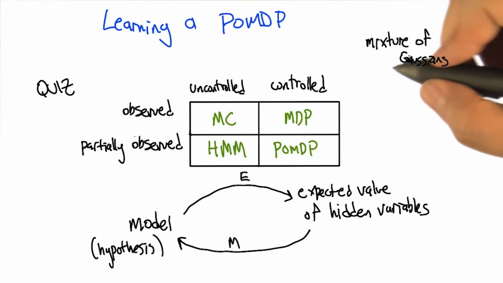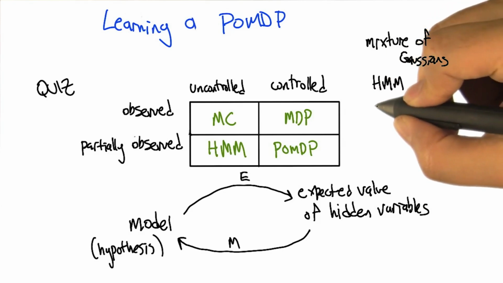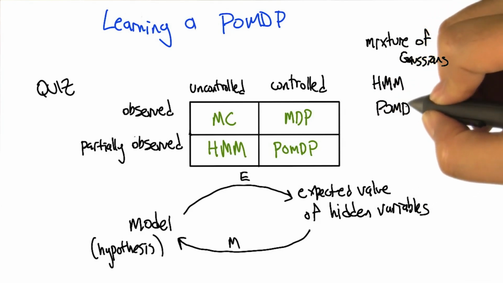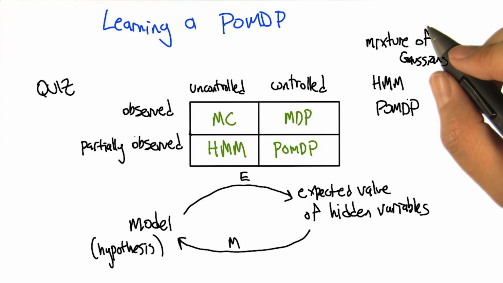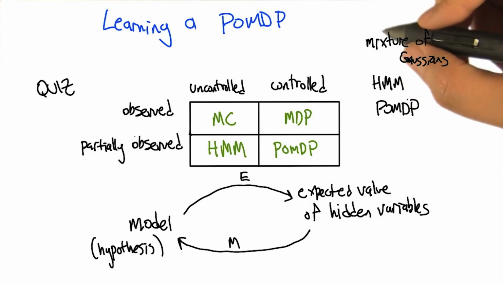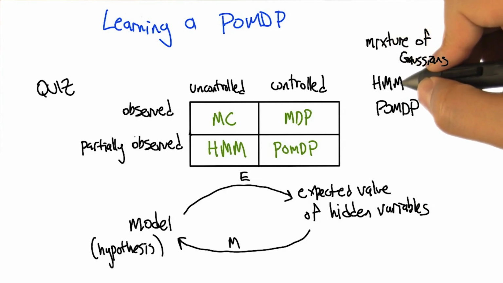The hidden variable was which Gaussian each of the data points belonged to. So we computed an expectation over those. And then once we had the probability of each point belonging to each Gaussian, we were able to use that to recompute the means of the Gaussians. And back and forth, and eventually you converge to proper means for your Gaussians. That was the use of EM that we talked about.